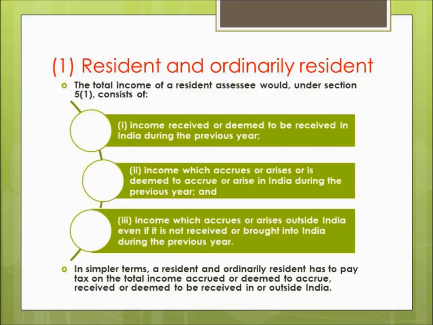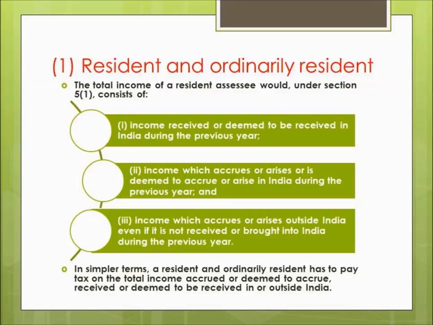What are they? Number one, income received or deemed to be received in India during the previous year. So, whatever income he is receiving or is deemed to receive in India during the previous year will come under the scope of total income.